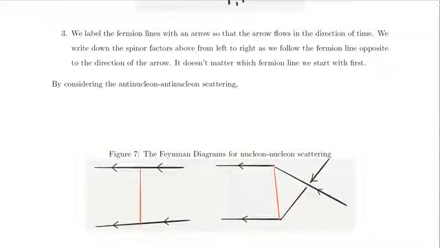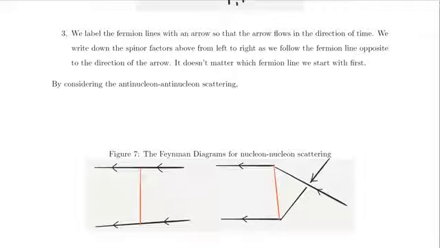So my number 3 is that we label the fermion lines with an arrow so that the arrow flows in the direction of time. So time is going from left to right. If we see an antifermion, it goes against the flow of time. We write down the spinor factors from left to right as we follow the fermion line opposite to the direction of the arrow.